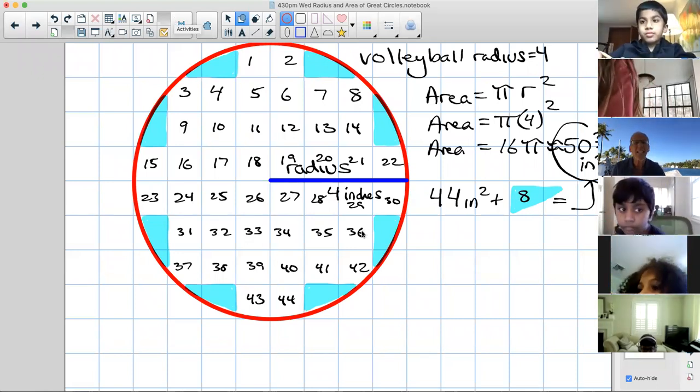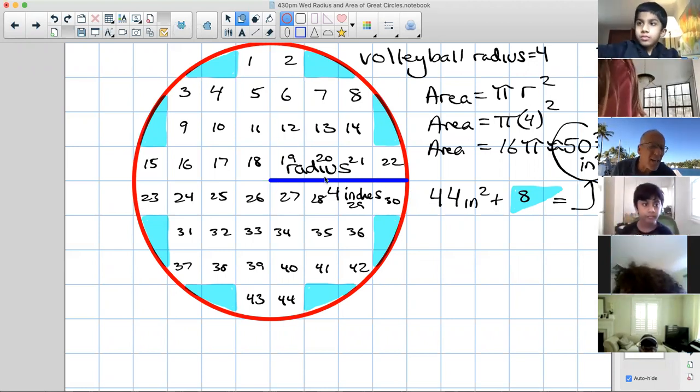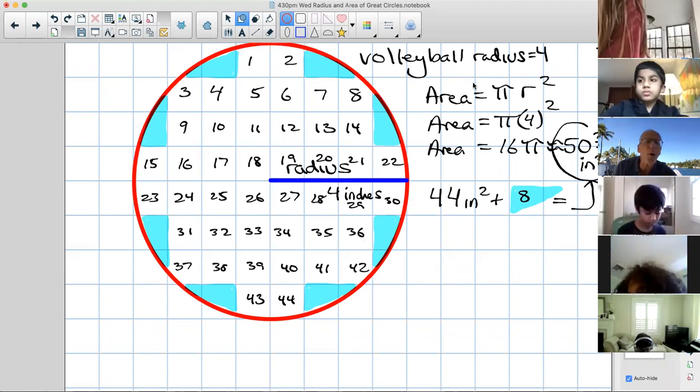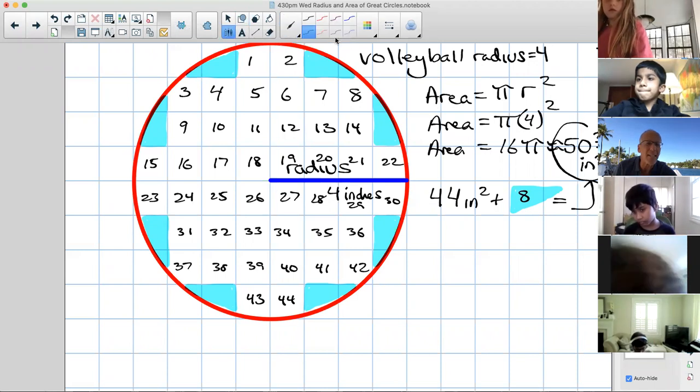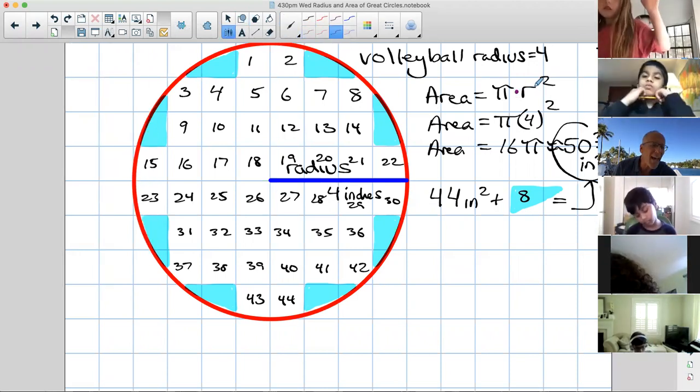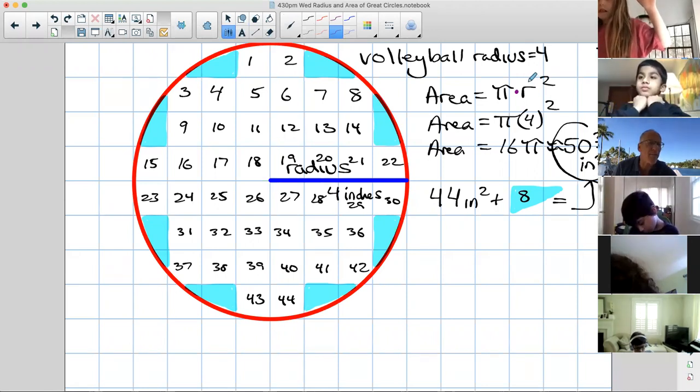Now, guys, the coolest thing about the area of a circle is that the formula is that the area equals pi times the radius squared. Not everybody knows the concept of square.